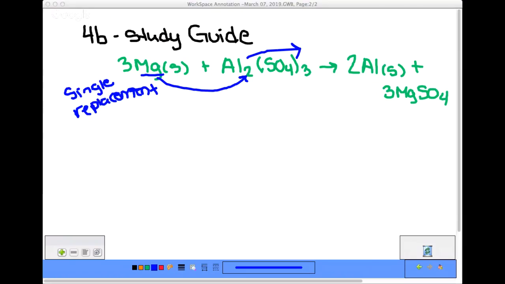We want to know how many atoms of aluminum are formed when 19 grams of magnesium are used. I'm going to create kind of a map, so if you have your mind map in front of you, you can follow along. We start with grams of magnesium and first convert that into moles of magnesium.